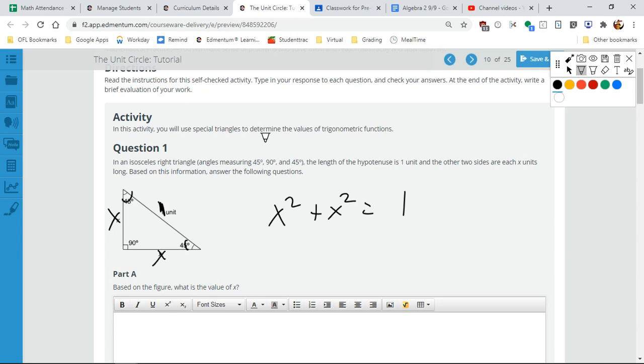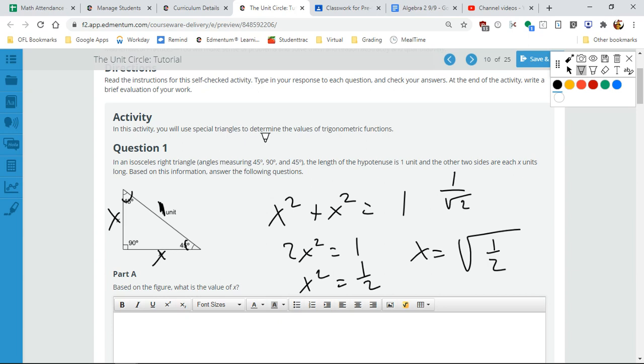Well, that's the same thing as saying 2x squared equals 1. X squared equals 1/2. So in other words, x is equal to the square root of 1/2, which is essentially 1 over square root of 2.